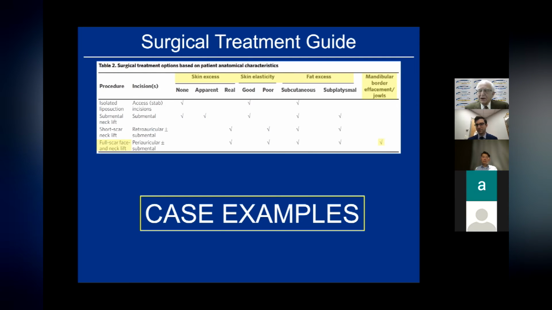So when I examine a patient, schedule them for face and neck lift, I try to assess whether the volume is superficial or deep to the platysma, by getting them to grimace like this, contract the platysma. I put my hand under there, and if nothing changes, then it's all superficial.